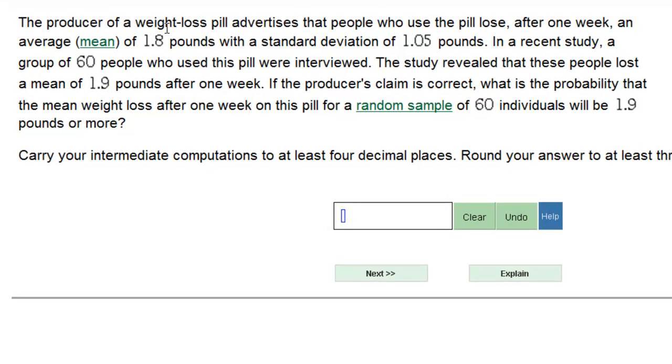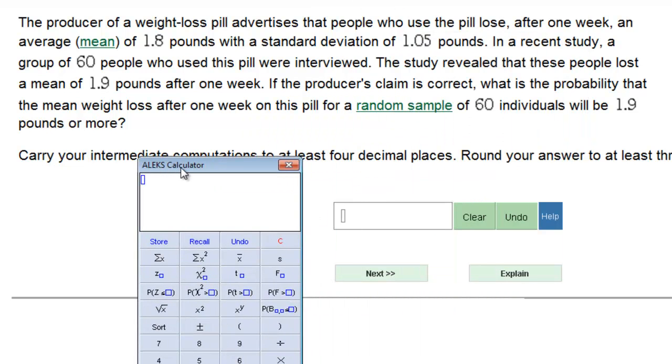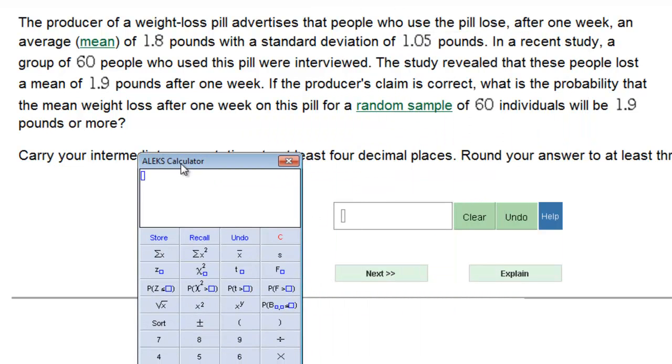The producer of a weight loss pill advertises that people who use the pill lose after 1 week an average of 1.8 pounds with a standard deviation of 1.05 pounds.